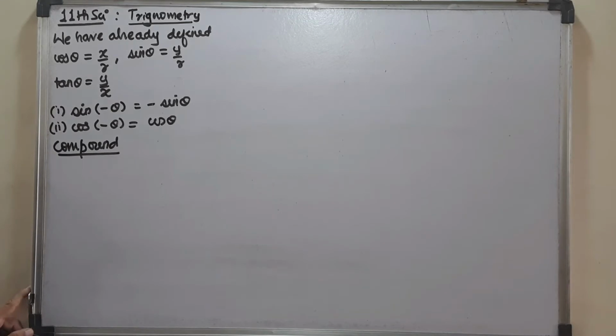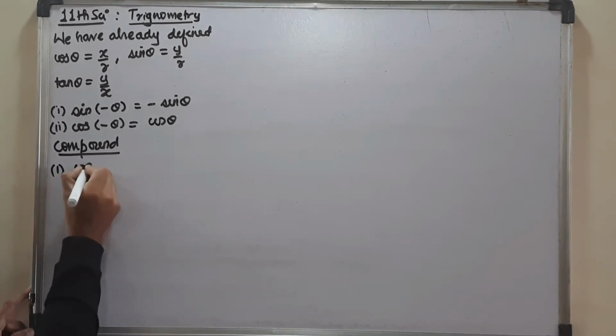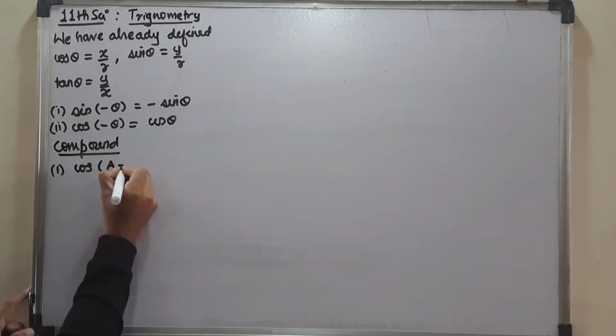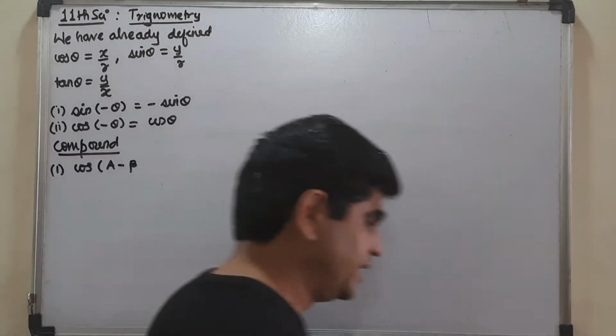The first in this category is cos of A minus B, or you can say it as alpha minus beta.